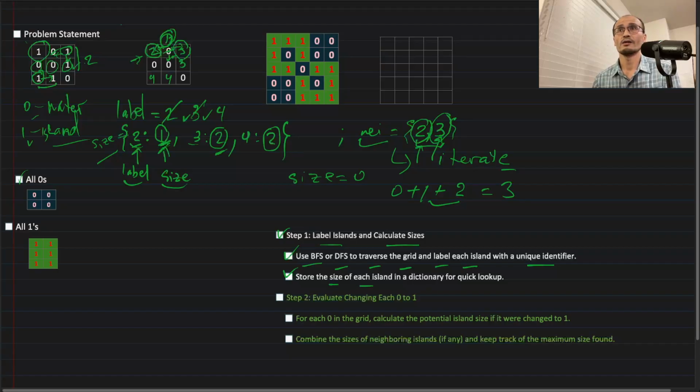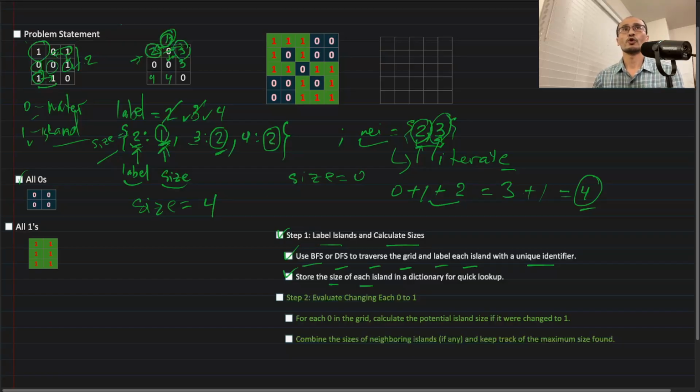So after we add 2 neighboring islands they give 3, but we need to add 1 more because the 0 is becoming 1. Then we need to return 4. So we keep this as the size. After we convert the first 0, we got the size 4, so we update the size to be 4.